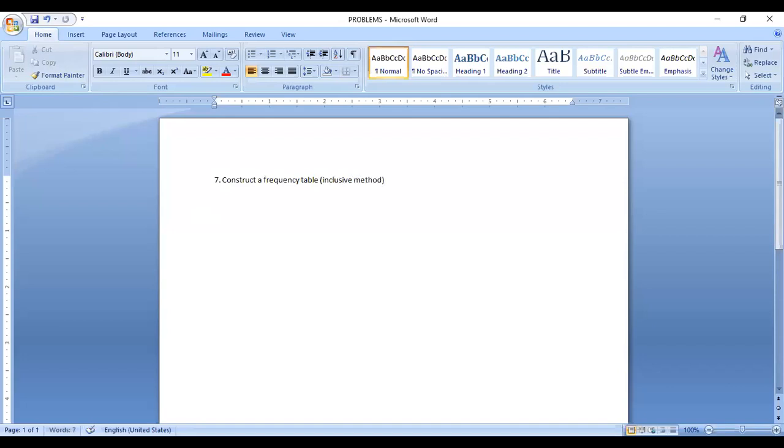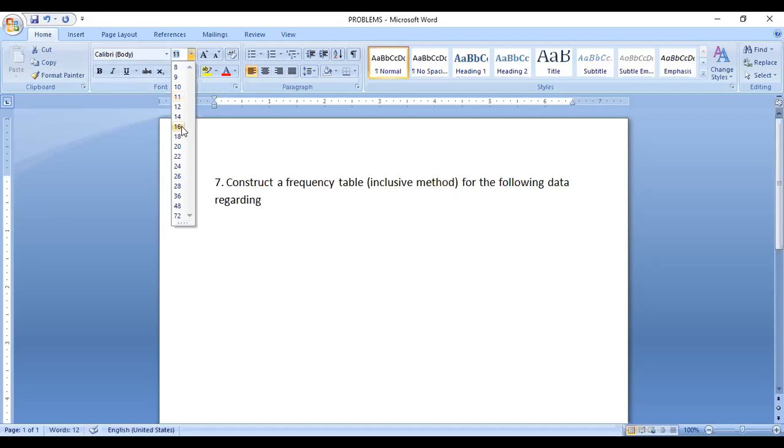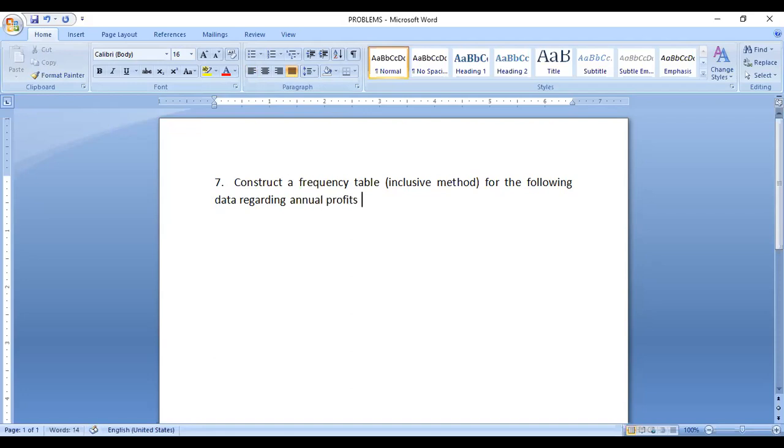This term is given in bracket, inclusive method, for the following data regarding annual profits in thousands of rupees of 50 firms using Sturge's formula to decide the class intervals.